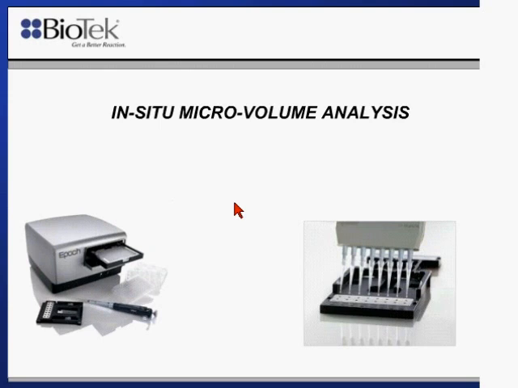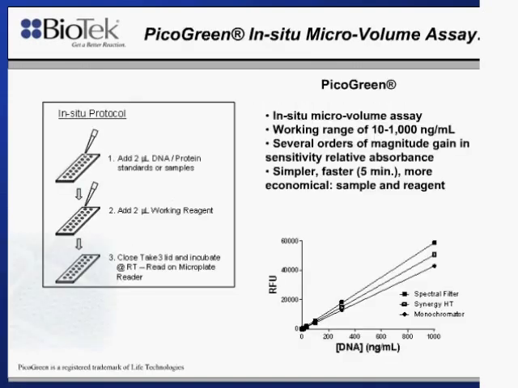It's a modified version of the standard assay that folks typically run in a cuvette or microplate-based application, and all the details won't be presented here today, but they are available as a downloadable application note from our website. So if we take a look at the in situ protocol over here on the left, it's pretty straightforward.